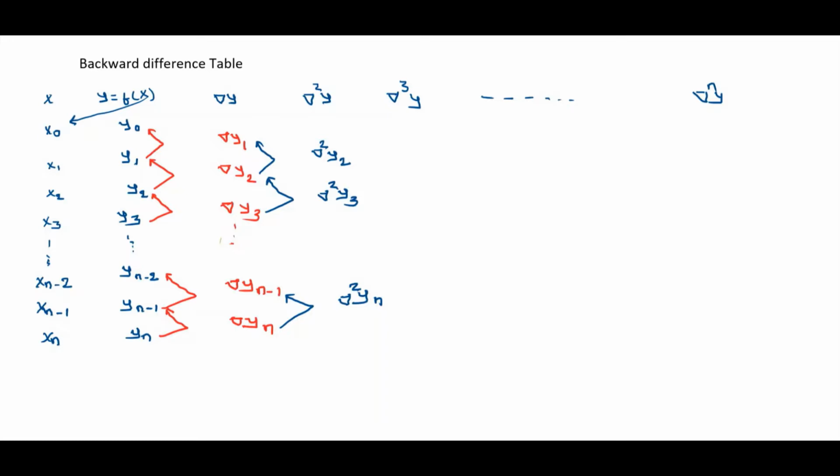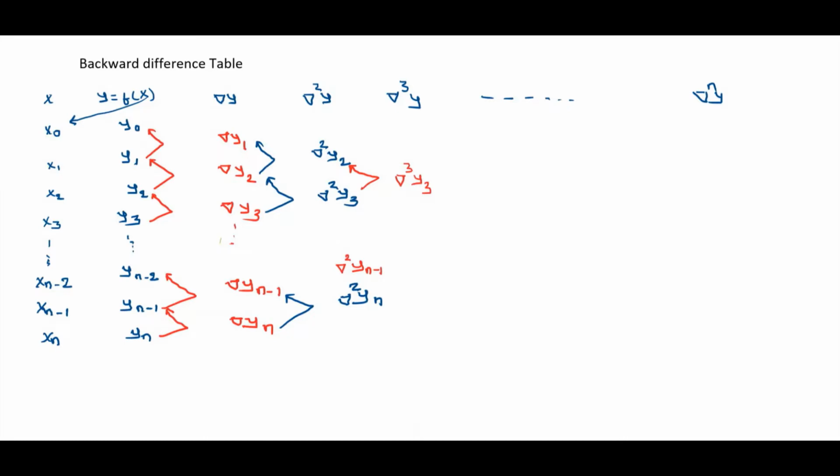If we continue, del square y3 minus del square y2, we get the third backward difference, that is del cube y3. Here its previous value is del square yn minus 1.